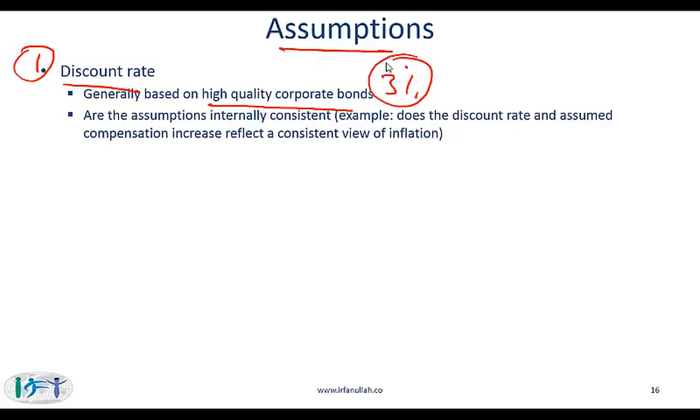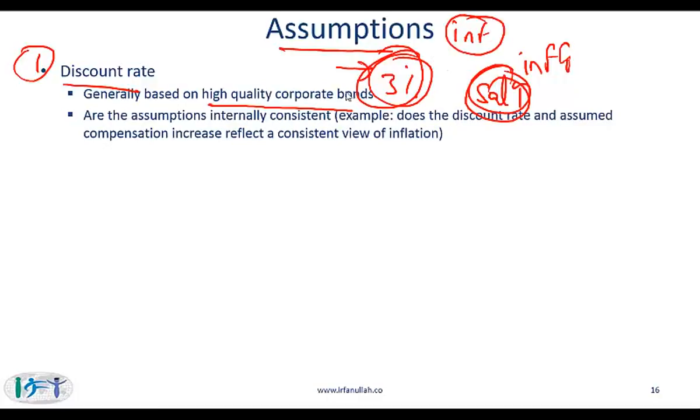Note that there is a discount rate assumption, and then there are also assumptions about the rate at which salaries will go up. Now both these rates, the discount rate and the rate at which salary goes up, obviously depend on inflation, right?